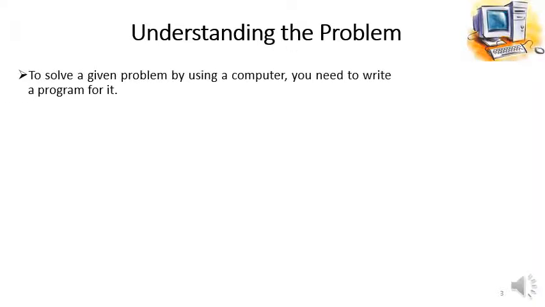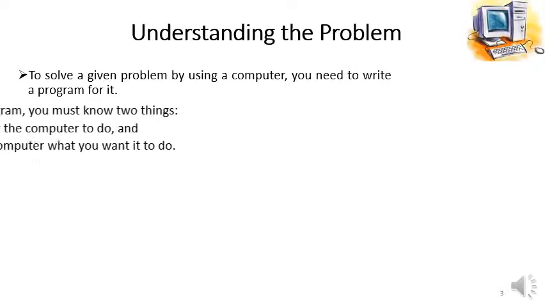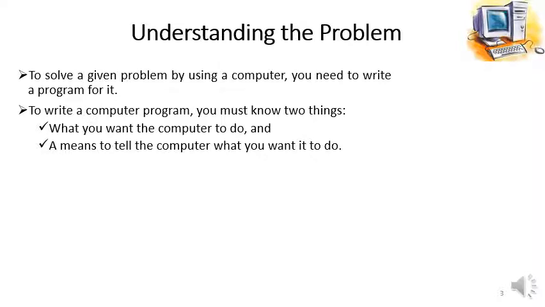Understanding the problem is the very first thing, because until and unless we are sure about what the problem really is, we are not able to solve it. To solve a given problem by using a computer, you need to write a program for it. To write a computer program, you must know two things.